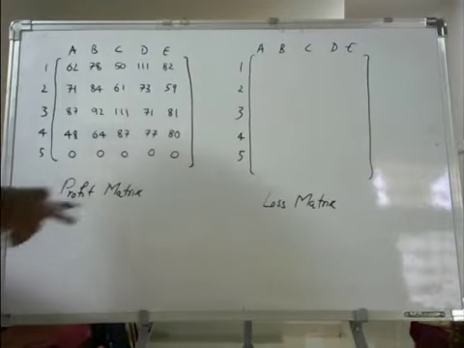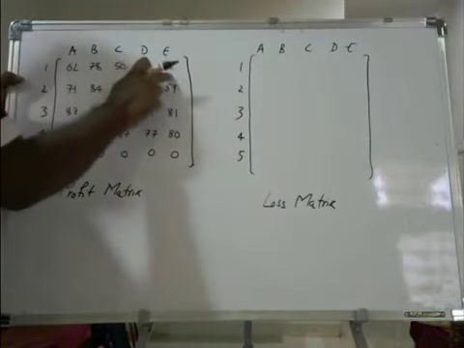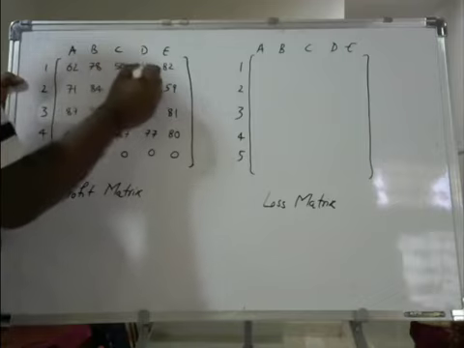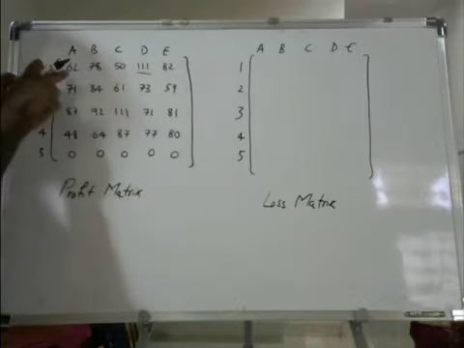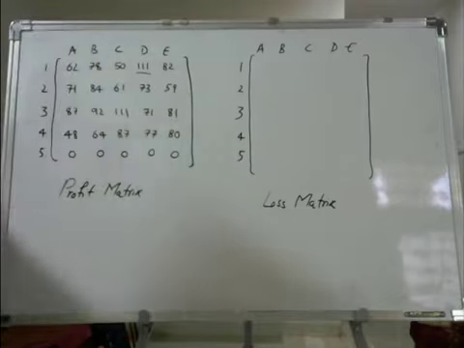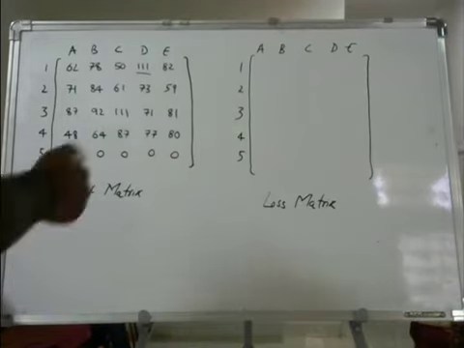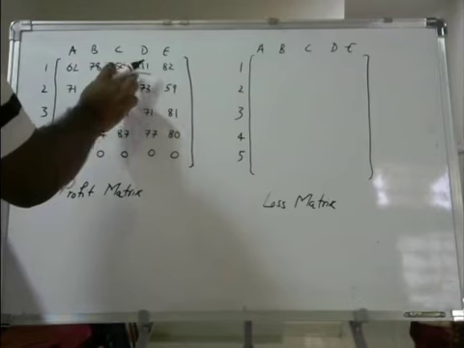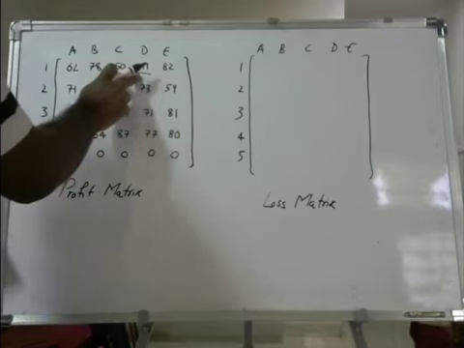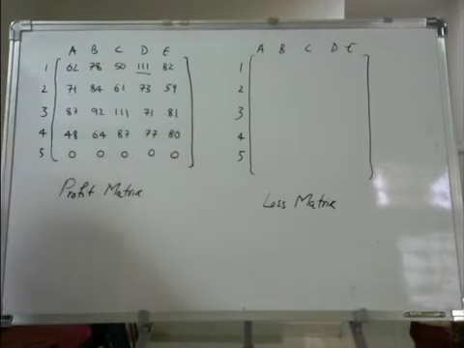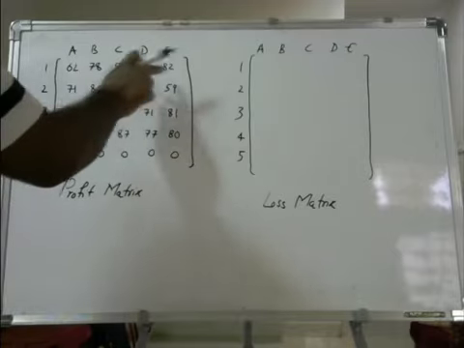Now we need to see each row. We need to see the highest number here. We need to subtract all the elements from this highest number. So here in the first row, it is 111. So from this 111, we need to subtract all these elements.